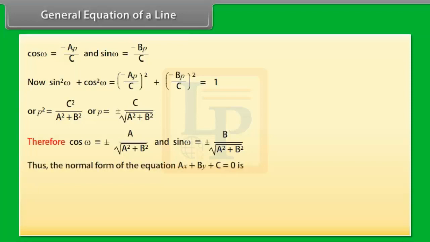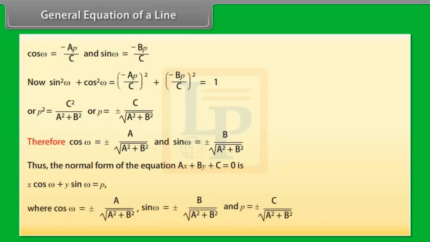Thus, the normal form of the equation ax + by + c = 0 is x cos omega + y sin omega = p, where cos omega = ±a/√(a² + b²), sin omega = ±b/√(a² + b²), and p = ±c/√(a² + b²).